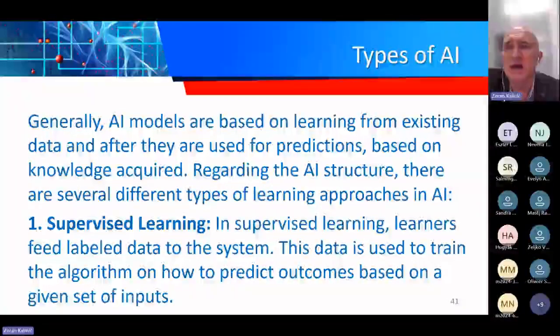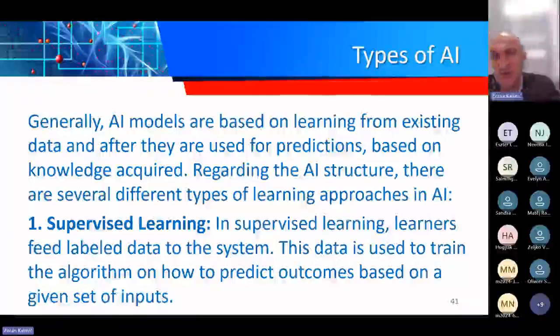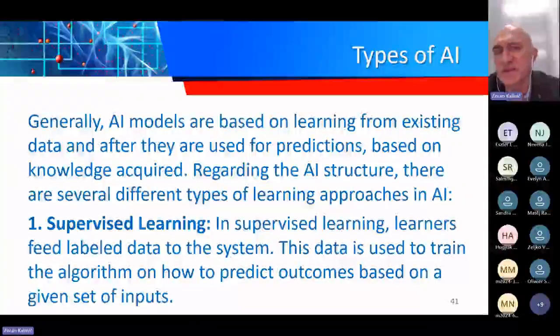So about types of artificial intelligence, we have only just this, and then we will start our examples. Generally, artificial intelligence and machine learning, which is the more popular term these days, is based on learning from data that we have.